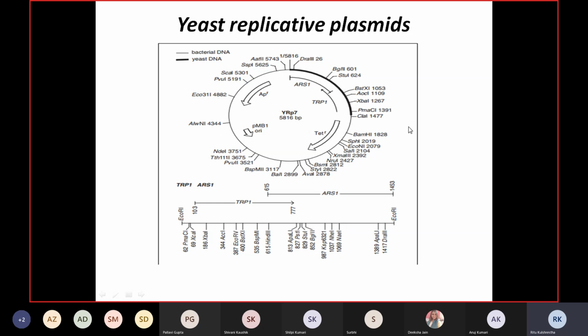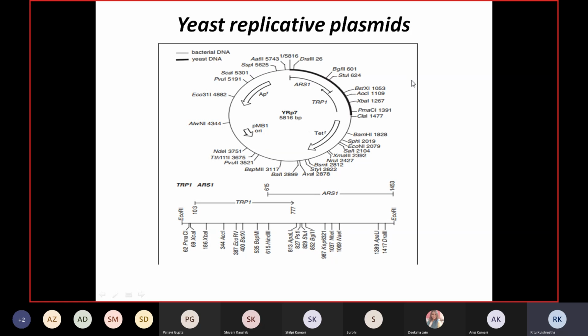Rather than the origin of replication of the plasmid that exists in yeast, we have the autonomous replicating sequence, which is required for replication of the yeast chromosome. And if you remember, I had introduced ARS1 also as part of the YAC introduction, YAC vectors, sorry. So this is the structure of yeast replicative plasmids.